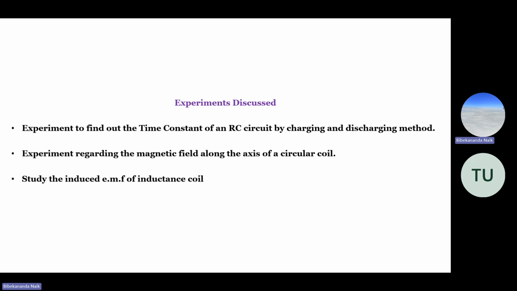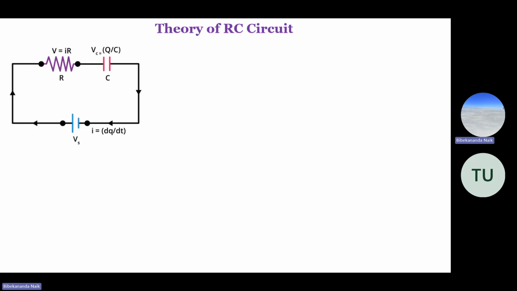Also there are some special cases using which we can calculate the magnetic field at the center of the circular coil, and other cases also. And in the third experiment we will discuss the induced EMF in a coil. So let's start today's session.